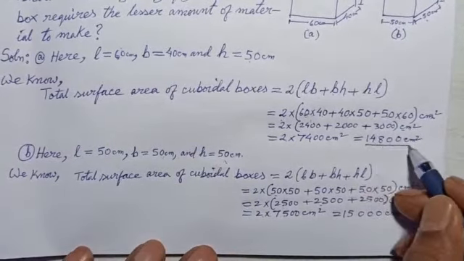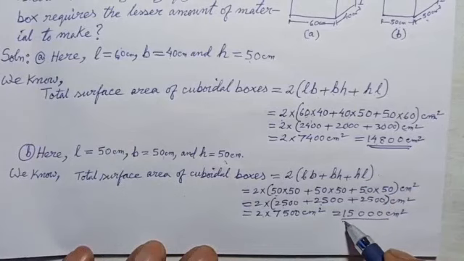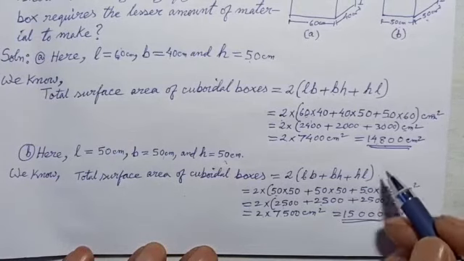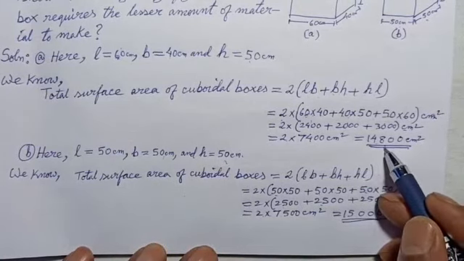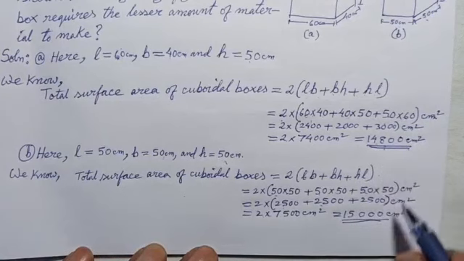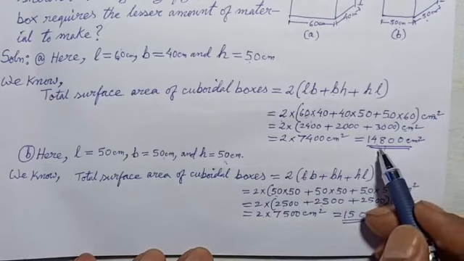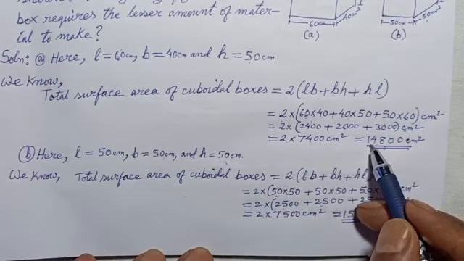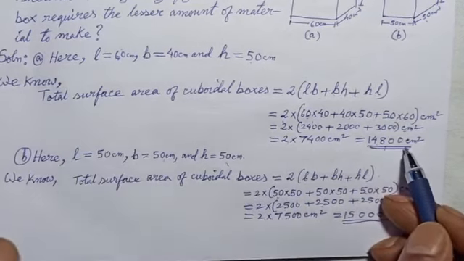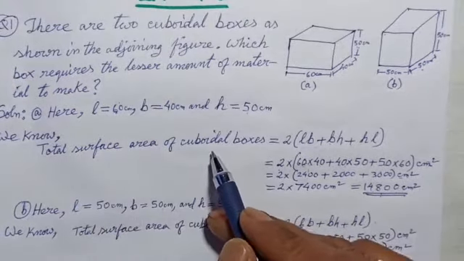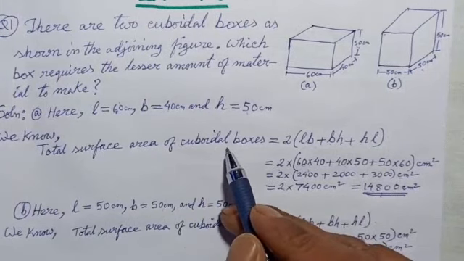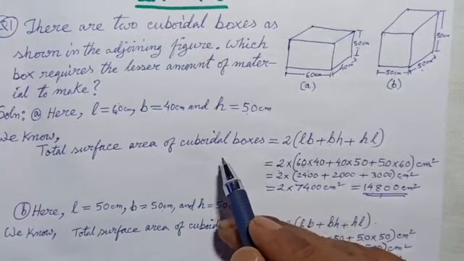Now we have to compare this and this. These two numbers, this 14,800 centimeter square is less than that. For this question, we have to find out which box has less surface area. So this 14,800 centimeter square is the total surface area of the cuboidal box, and this has less surface area.